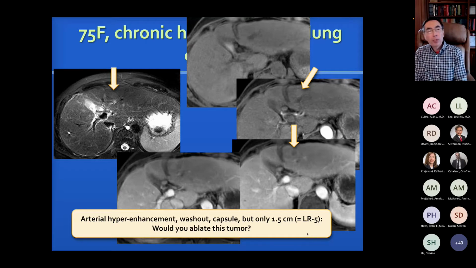So what does that mean for management? You know, for example, would you consider ablation of this tumor? And the answer is that in general, you're not going to ablate a tumor like this, especially if the patient is being considered for transplantation. And the reason is that using OPTN, you cannot get exception points for a single HCC tumor that's less than 2 centimeters in size.